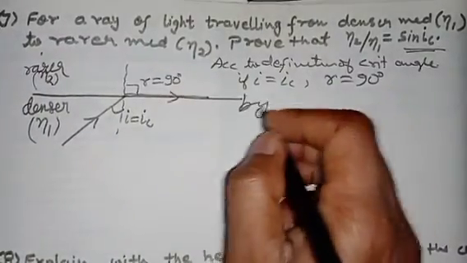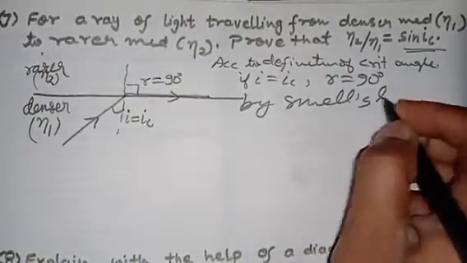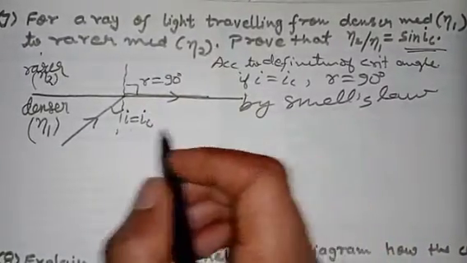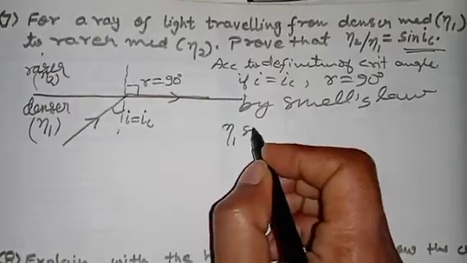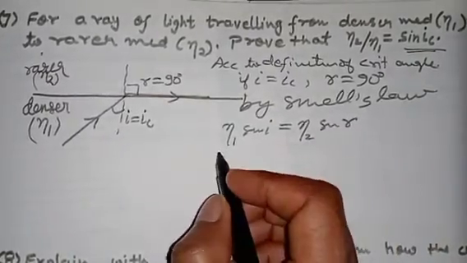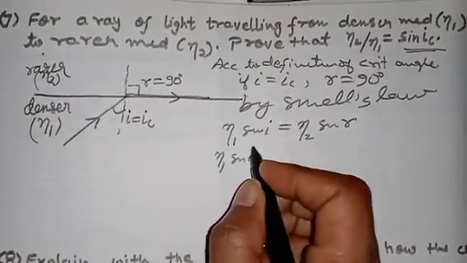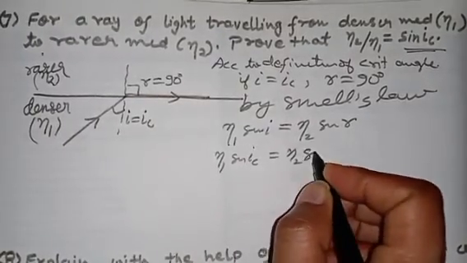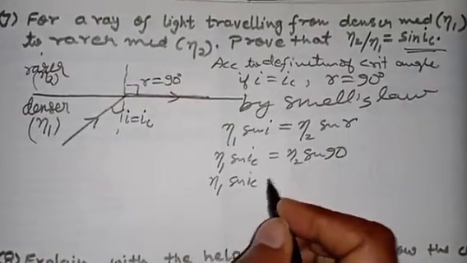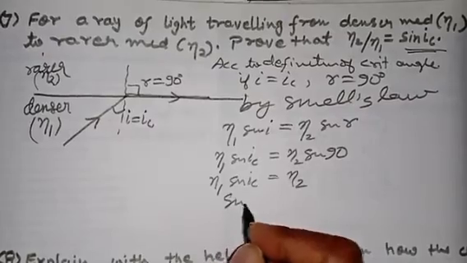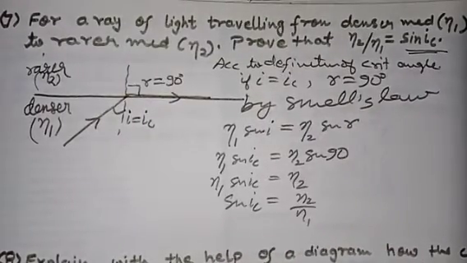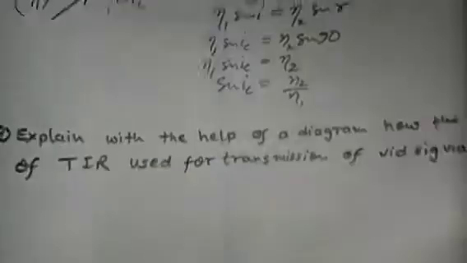So by Snell's law, and see Snell's law, you can use that tricky Snell's law. Eta 1 sin I equal to eta 2 sin R, and you can put the values. Eta 1 sin IC equal to eta 2 sin 90, and then it will become eta 1 sin IC equal to eta 2. So sin IC equal to eta 2 by eta 1. So don't go after the symbols, just go after the basics.